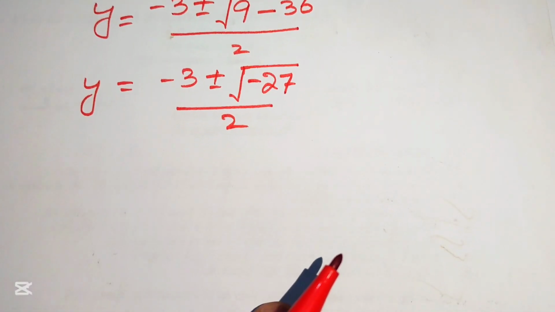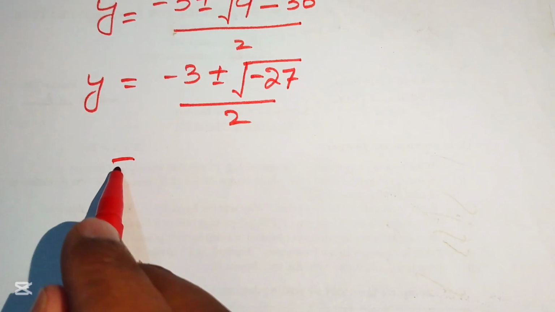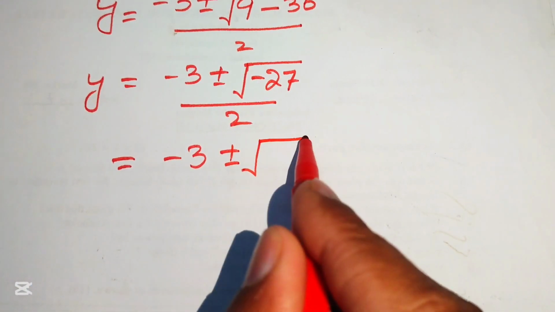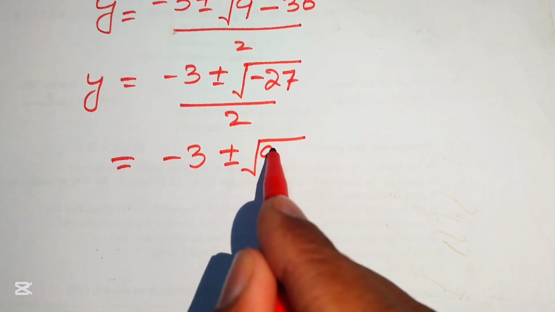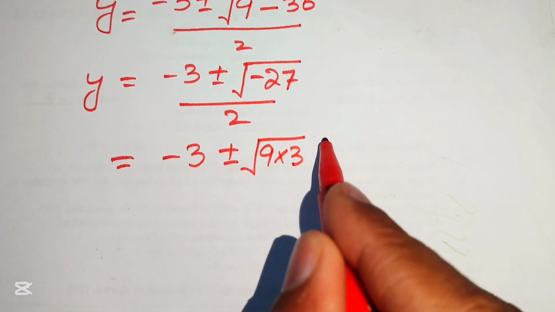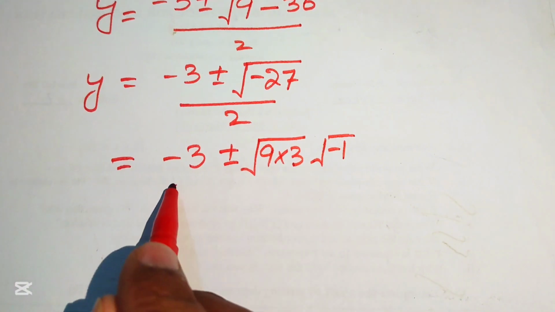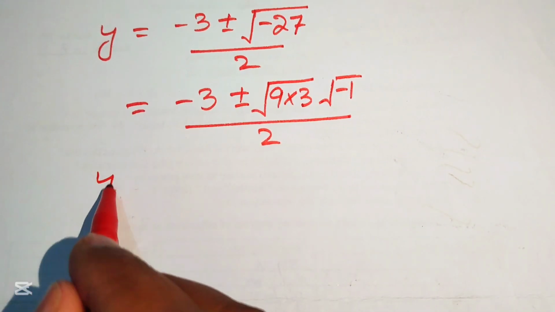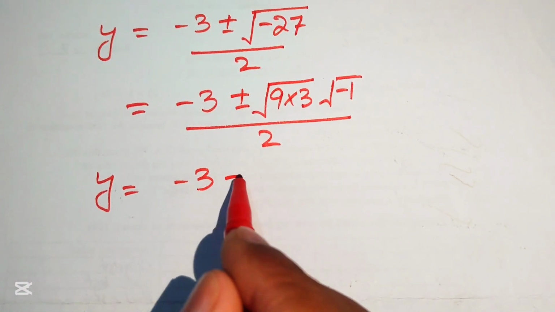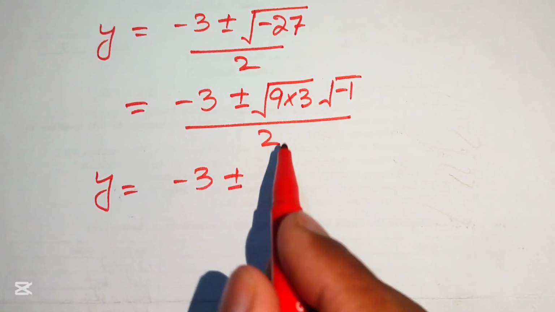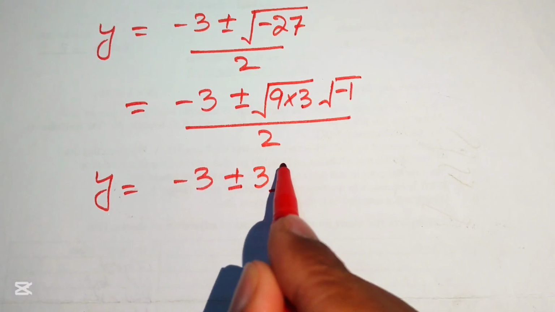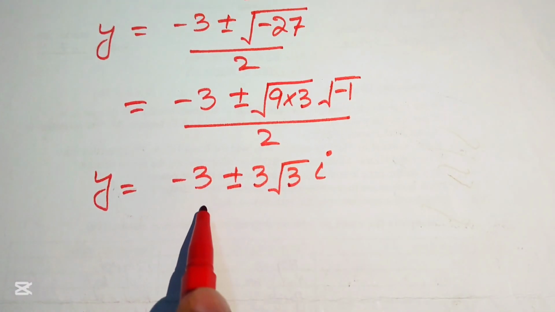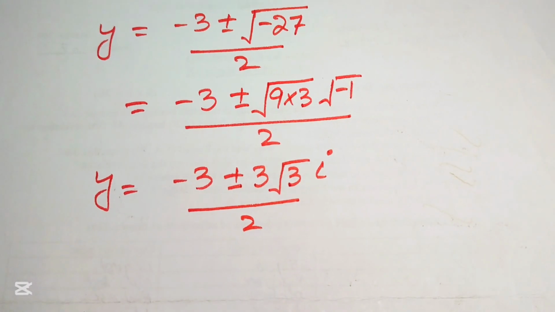Now we write this in the simplest form: minus 3 plus minus, we write 27 as 9 times 3, and we write the square root of minus 1 here, divided by 2. Further, y equals minus 3 plus minus, where square root of 9 equals 3, so 3 into square root of 3, and we know that square root of minus 1 equals iota, divided by 2.